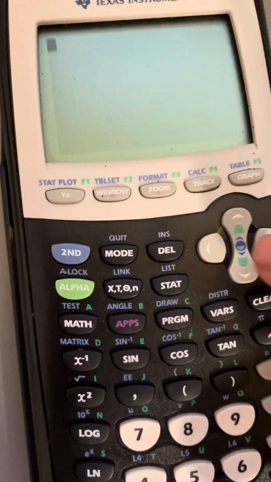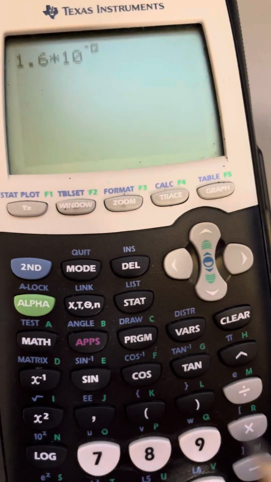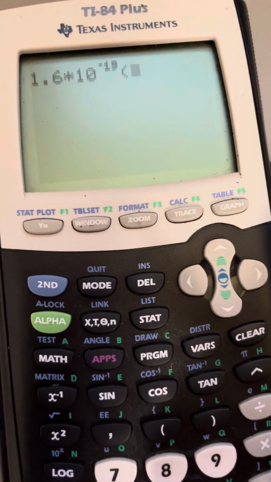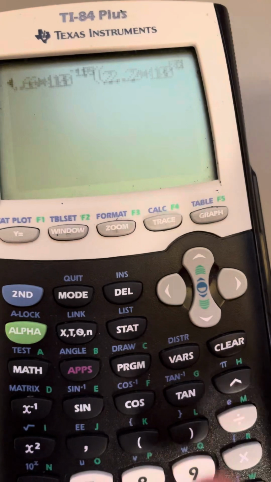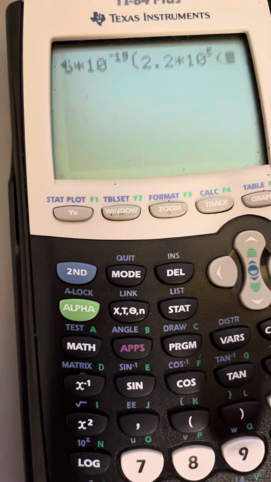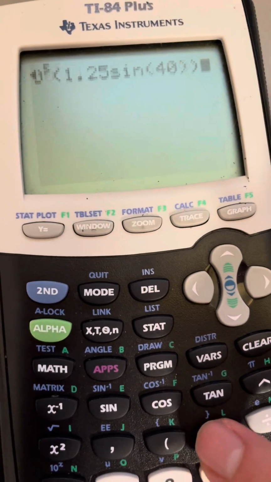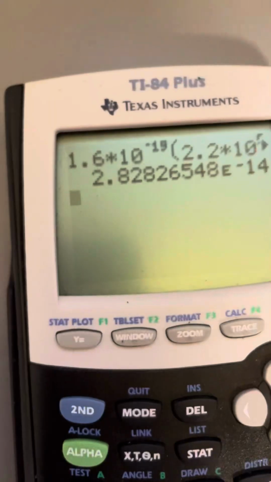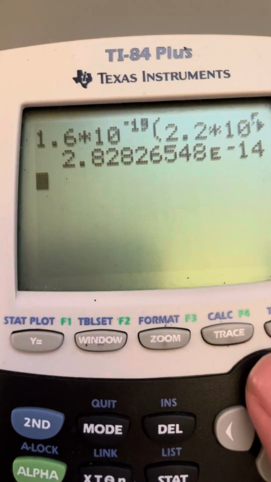And so we're going to get this expression. Let's write that out: 1.6 times 10 to the negative 19th of the charge, times 2.2 times 10 to the 5th, times 1.25 sine of 40. Let me see if I messed anything up here.